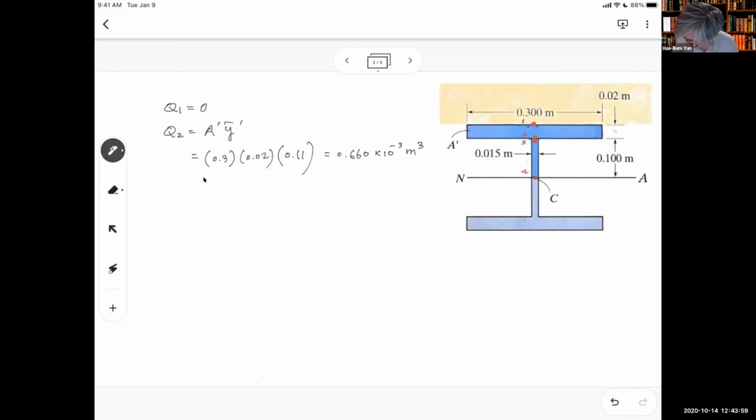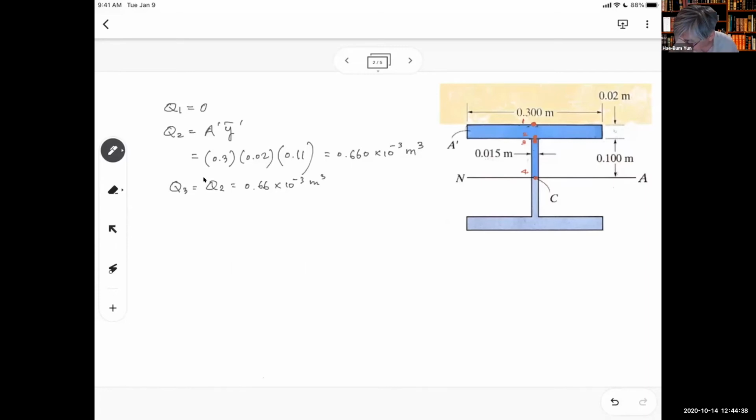And Q3. Q2 and Q3 will be the same, right? 0.11.